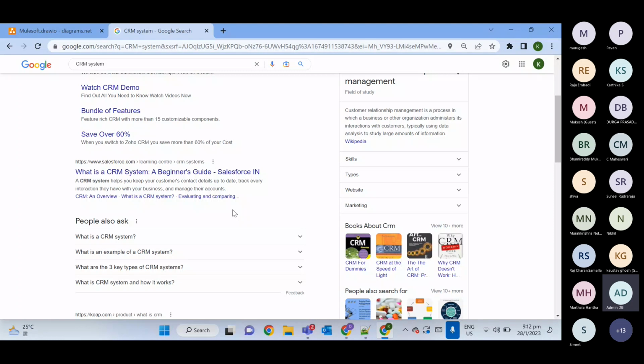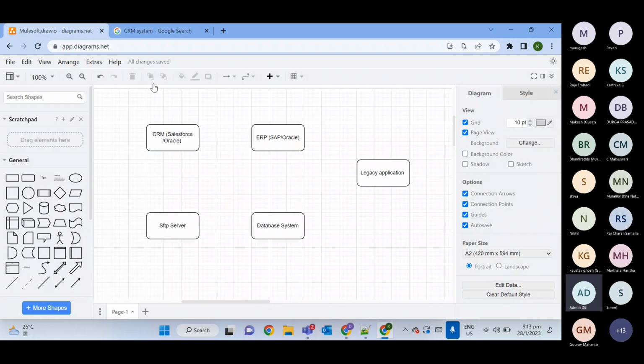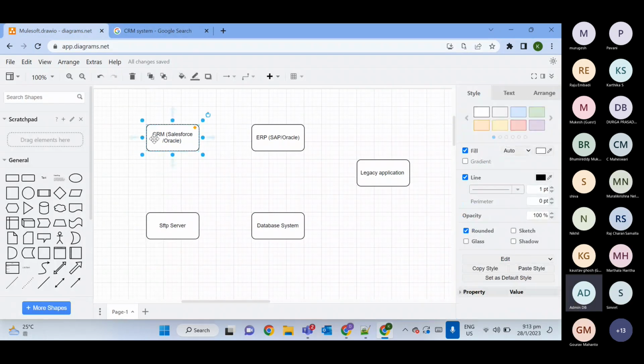Those customers will register, log in, and place orders. There are many things where you need to manage customer data, and to manage it you must have one system from which you can manage customers very easily. So for managing customers and employees, an organization definitely needs systems, and they have these two.